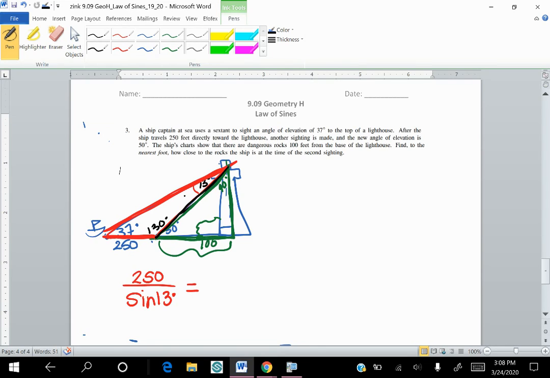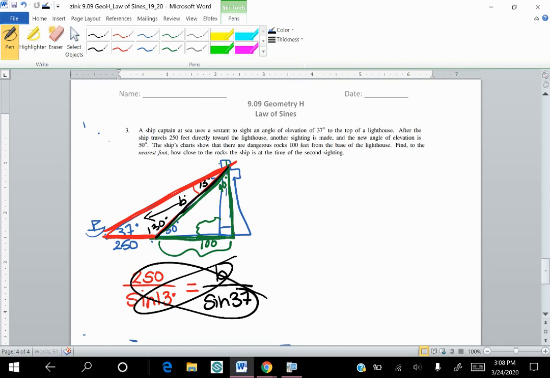When you could use the big triangle was if you're looking for the height of the lighthouse, and then it wouldn't matter. So I'm going to call this one side B. So I'm going to do lowercase b over, so I have to stay in this red triangle. The angle across from B in the red triangle is 37, so it'd be sine of 37. Then we're going to cross multiply.